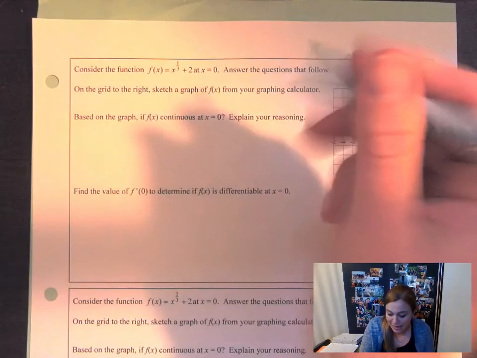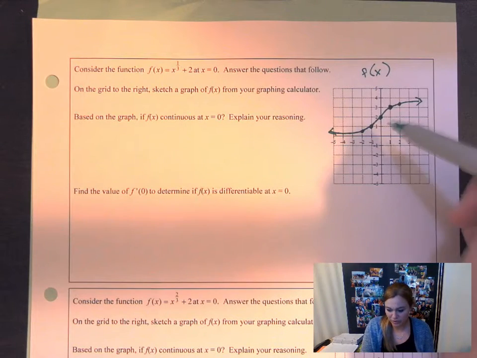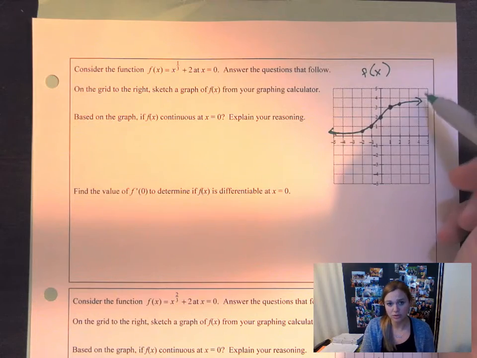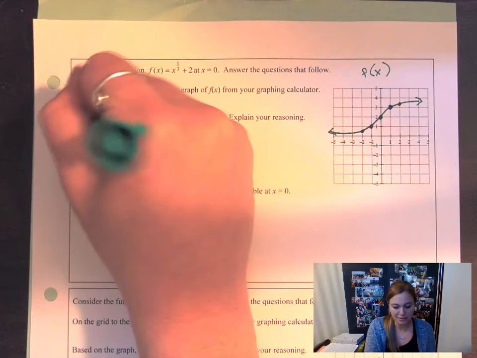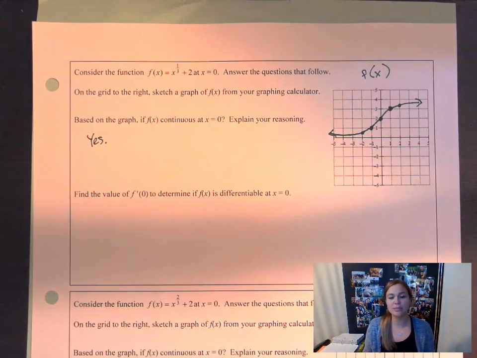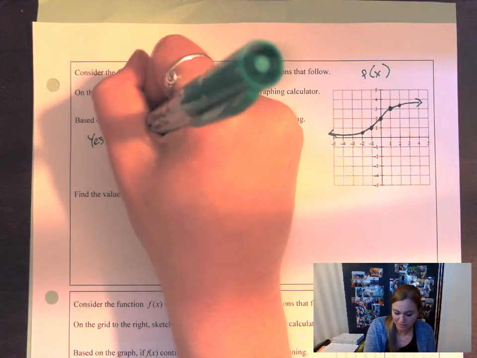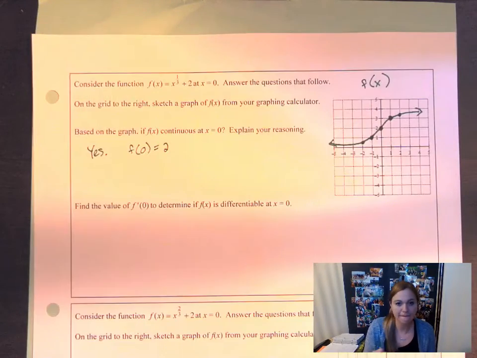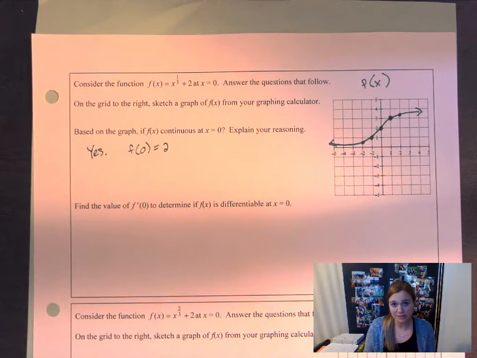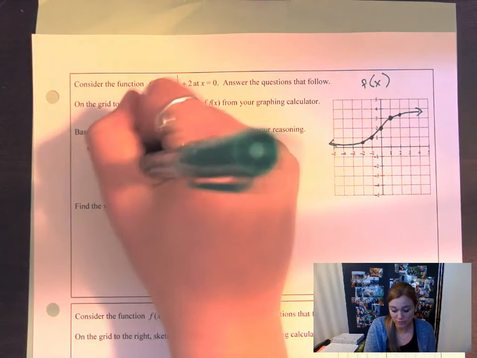Based on the graph, is f of x continuous at x equals 0? Well, if I look right here, it sure looks continuous to me. I don't have to pick up my pencil, so I would say yes. But in order to explain my reasoning, I have to use the three-part definition of continuity. The function must be defined. f of 0 is 2. The limit has to exist. For a limit to exist, the left has to equal the right.